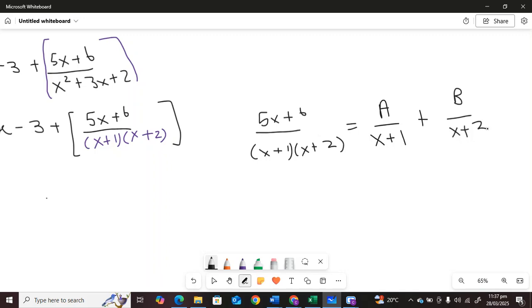Here we need to find the values of a and b, so that we get the simplified fractions from this big fraction, which is being broken down into these two smaller fractions. We don't know the value of a or b.